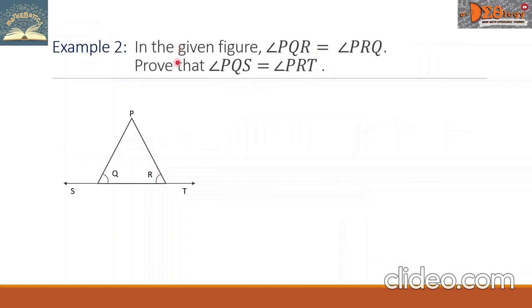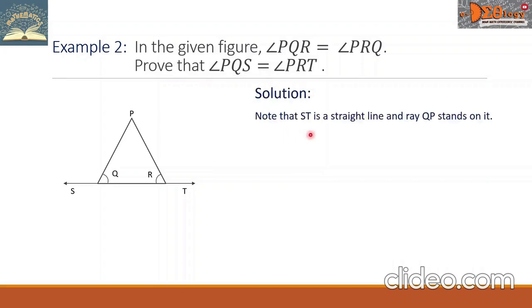Example 2. In the given figure, angle PQR equals angle PRQ. Prove that angle PQS equals angle PRT. Note that ST is a straight line and ray QP stands on it. That means the angle PQS and angle PQR are a linear pair.